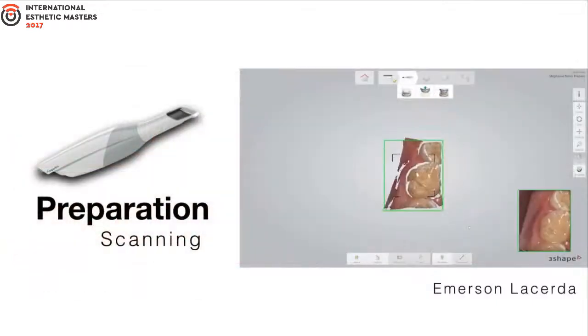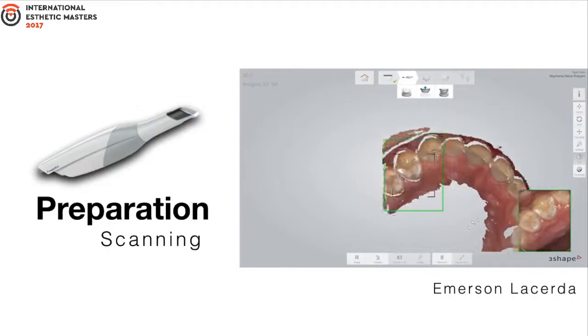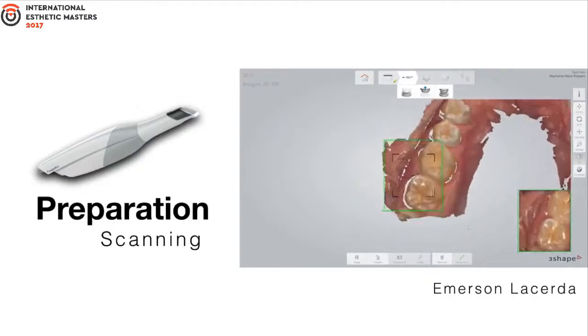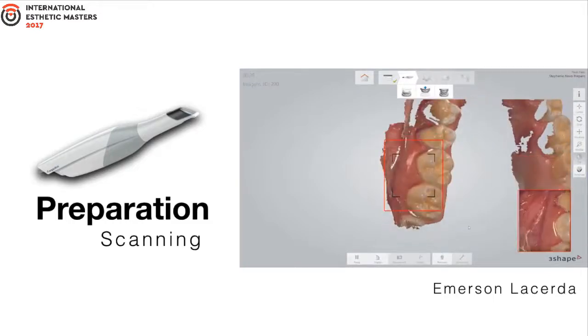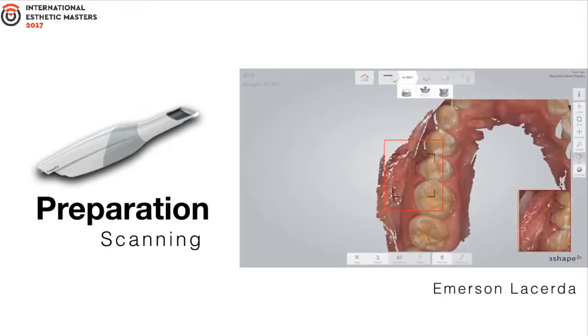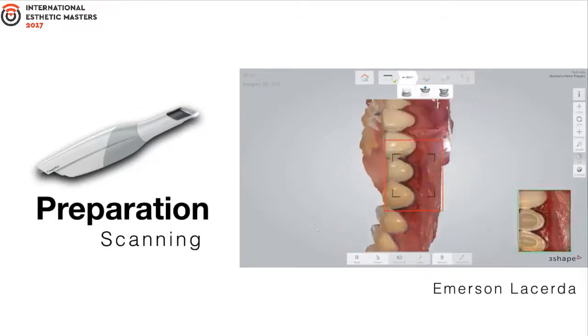Once the teeth are prepared, the dentist will scan the prepared dentition to send this file to the lab. There is one difference between the chairside smile design and the outsourced smile design workflow.